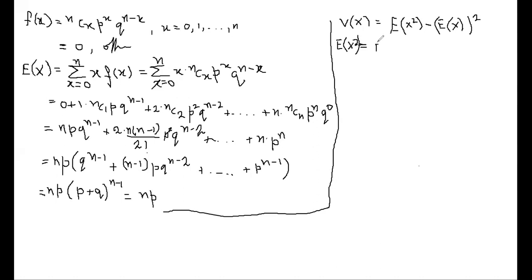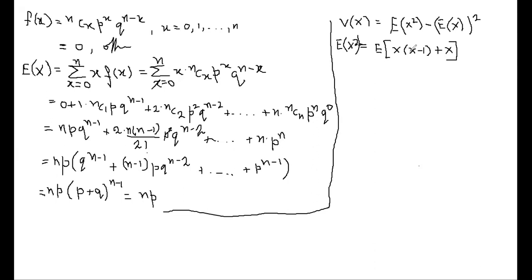Now see what I am doing. Expectation of x square, I am writing this as expectation of x into x minus 1 plus x. Are you agreed with this? Instead of x square, I am writing it as x into x minus 1 plus x, just a simple modification to make the calculation easier.